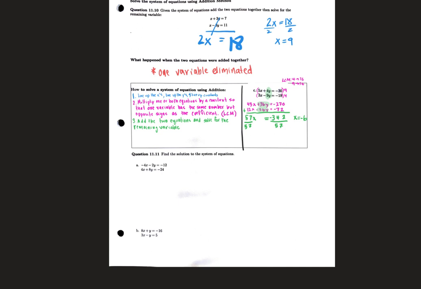The only thing that remains is this is a system of equations, which means we have an x solution and a y solution. So we have to do the last thing here, and that is step 4.